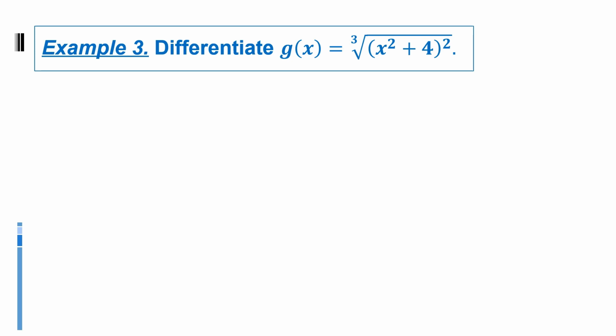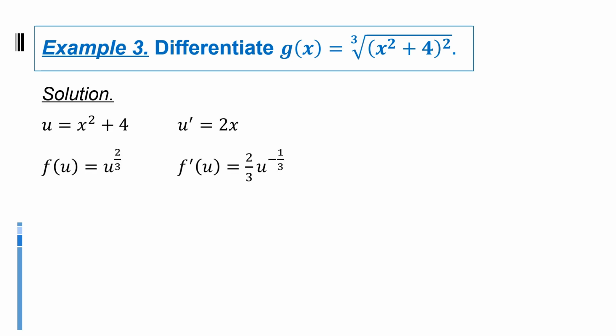Differentiate g of x equals the cube root of the square of x squared plus 4. Our u here is x squared plus 4, and our f of u is equal to u raised to 2/3. Di ba yan ay cube root of u squared, pero alam natin na yan ay equal to u raised to 2/3.